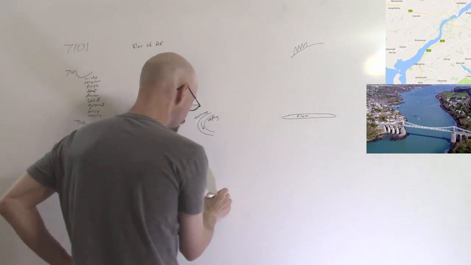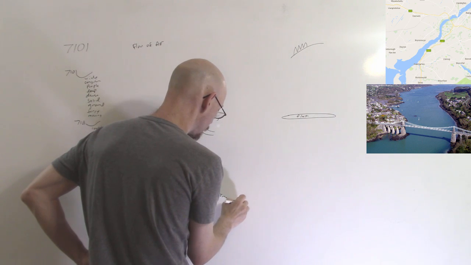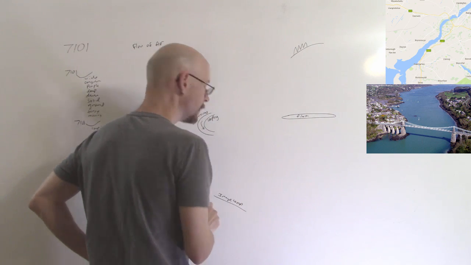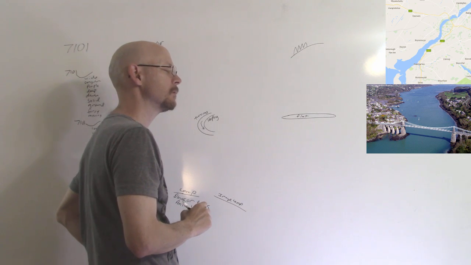I'm getting image comparators from this of like an Amazon jungle river.